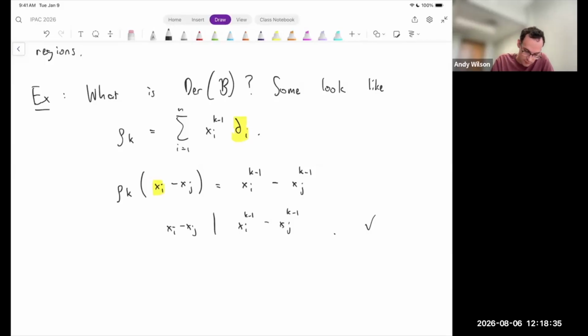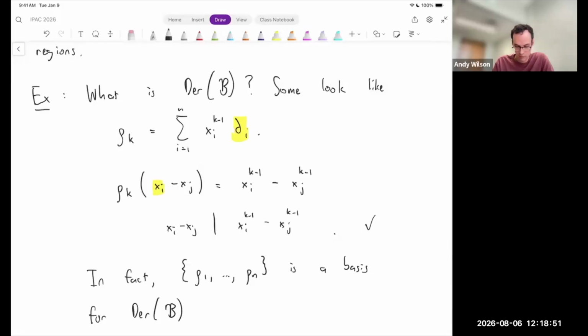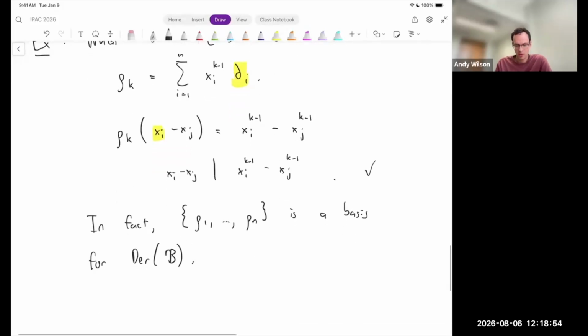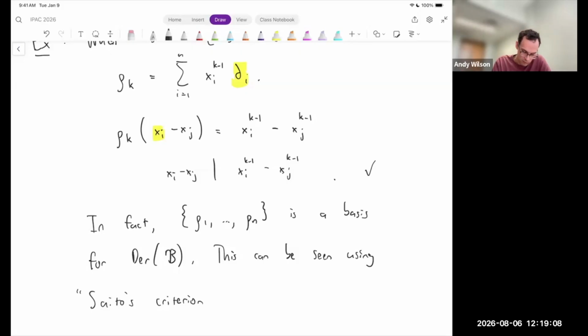In fact, they form a basis. So rho sub 1 up to rho sub n is a basis for the module of derivations. And this follows from something that's sometimes called Saito's criterion.